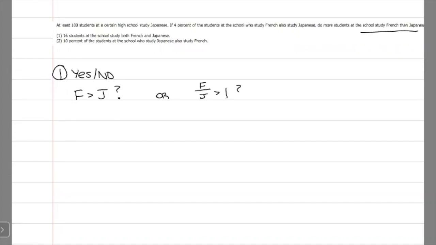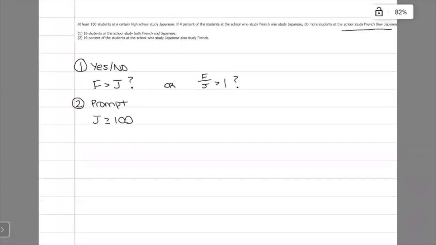Doesn't matter how you look at it. And we know that the total Japanese is at least 100. And 4% who study French also study Japanese, so that's the conditional probability. We could write that as probability of Japanese given French is equal to 4%.